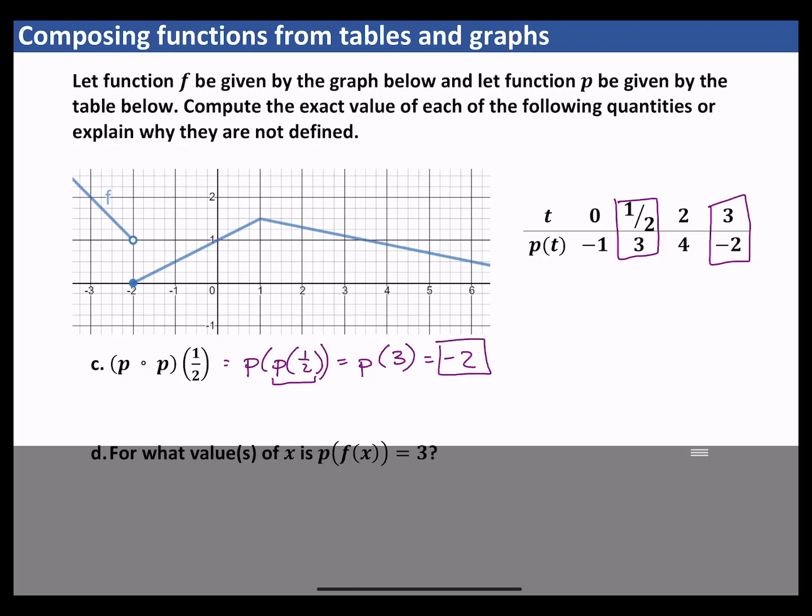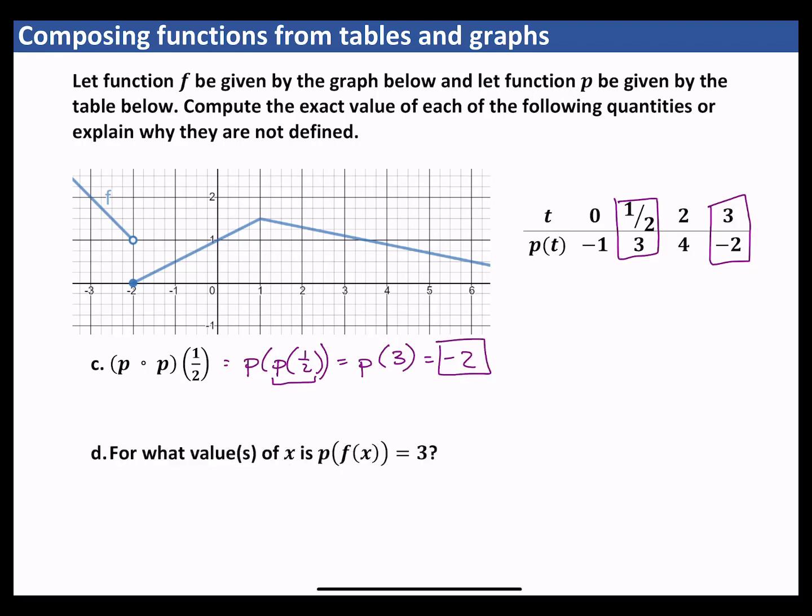All right, last example. For what values of x is p of f of x equal to 3? So now we're working backwards because we already have the final output of 3. And we're trying to find the original input. So to start, we're going to think of p of what equaled 3.